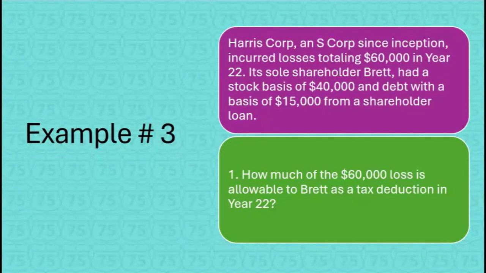Example number 3 now. Harris, an S Corp from inception, incurred losses totaling $60,000 in year 22. Its sole shareholder, Brett, had a stock basis of $40,000 and debt with a basis of $15,000 from a shareholder loan. How much of the $60,000 loss is allowable to Brett as a tax deduction in year 22?